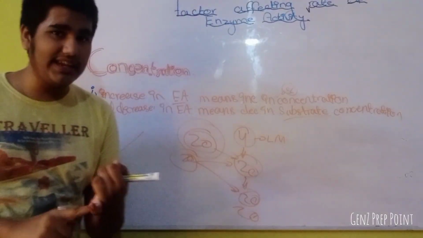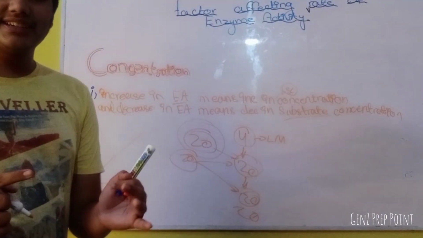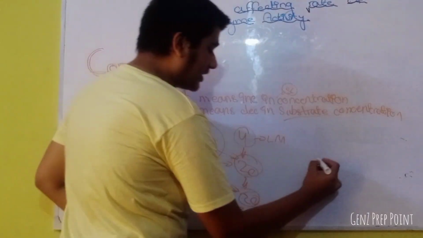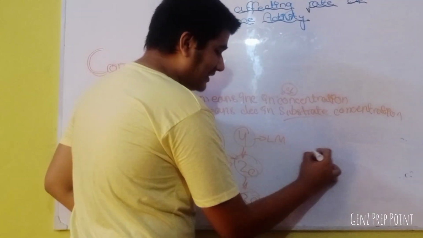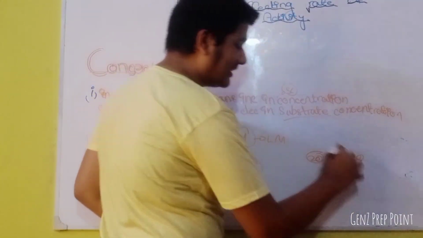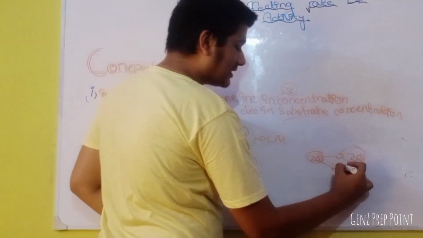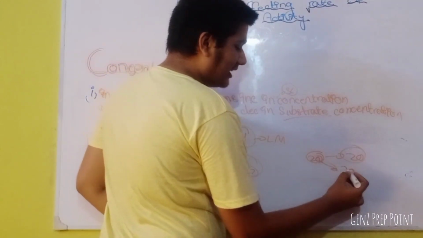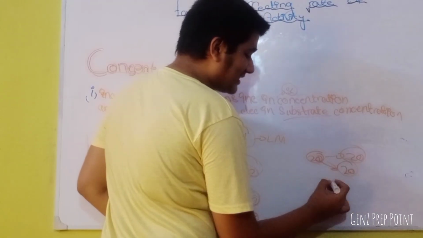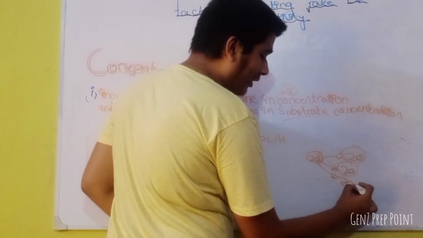There is no decrease, there is no increase. Why is there no decrease or increase? Because you have 20 enzymes, all working to digest 20 substrates. As soon as they digest 20 lipid substrates, there are 20 more. As soon as they digest these, there are 20 more.